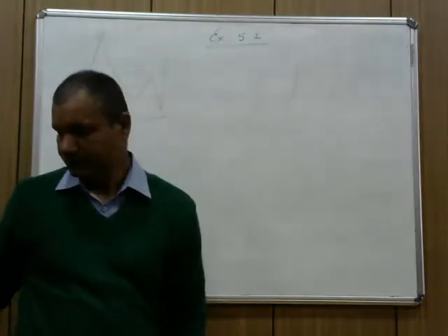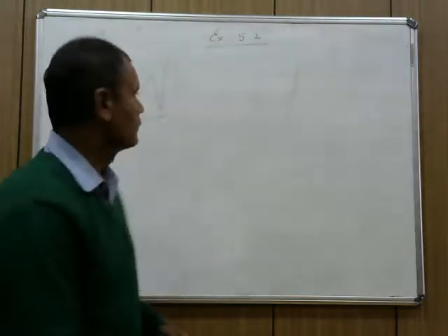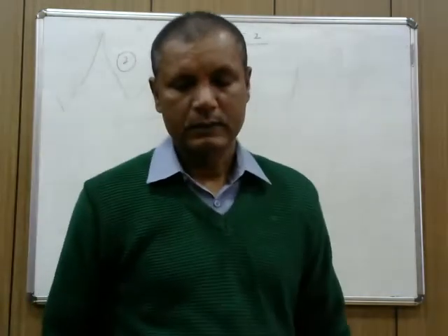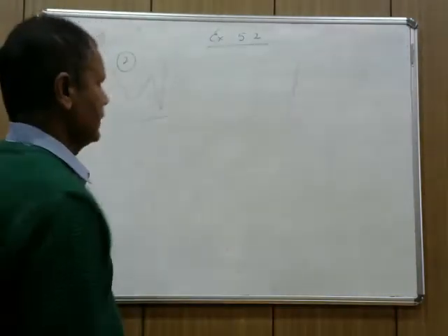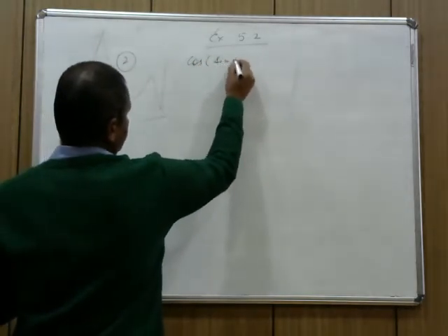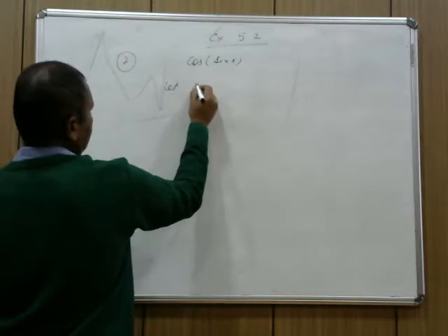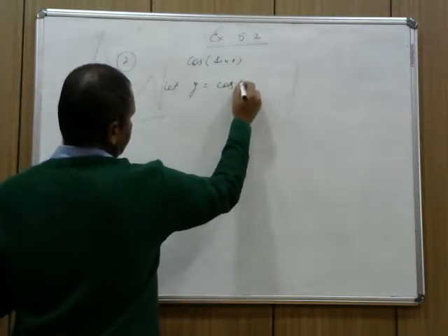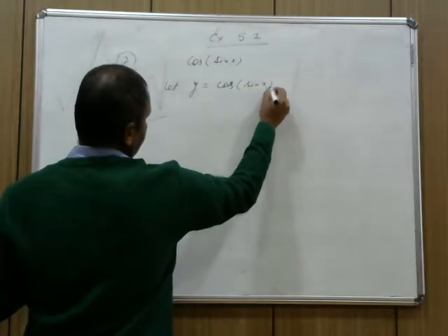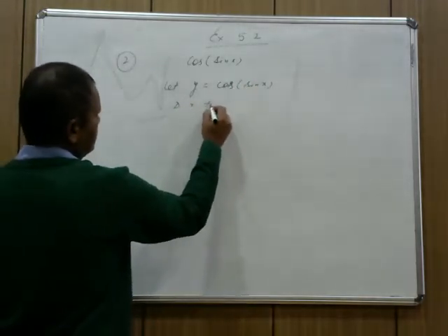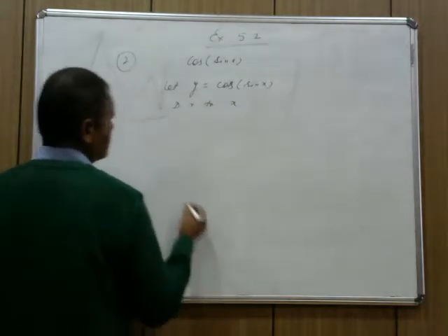Question number 2 is cos of sine x. Let y is equal to cos sine x. Now differentiate with respect to x both the sides.